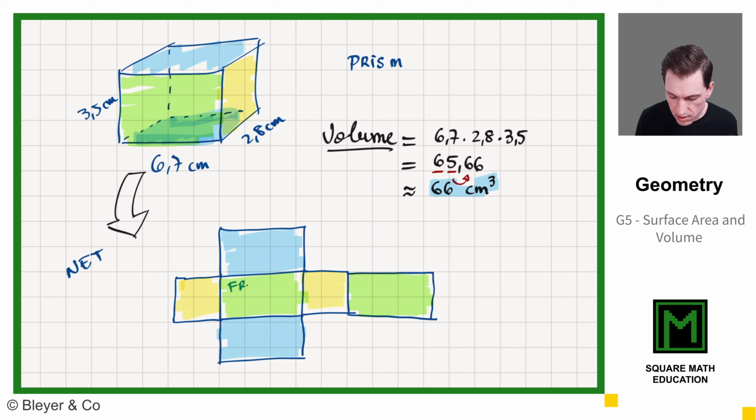Maybe we could say that this is the front, the back, and then we also have the top and the base, and we also have the right and the left faces in here.